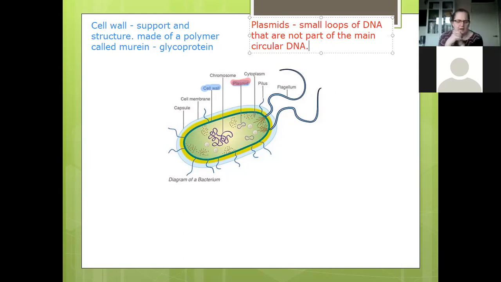What plasmids are? Plasmids contain genes for specific things, like antibiotic resistance, and they can be passed from one prokaryotic organism to another. Plasmids aren't always present, and some prokaryotic cells have multiple plasmids, so it can vary.